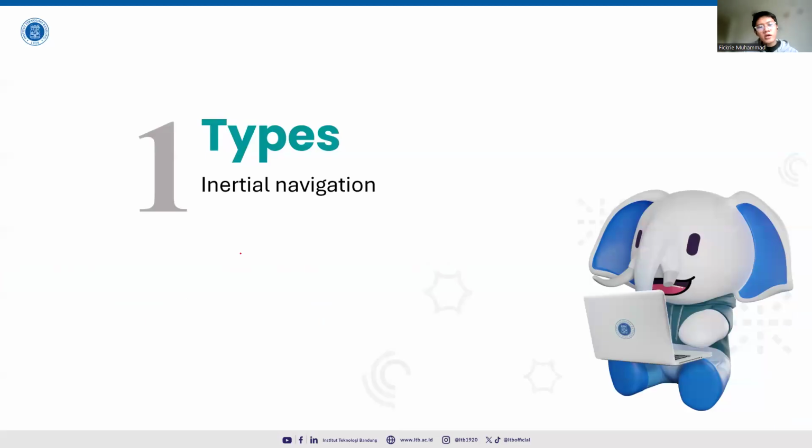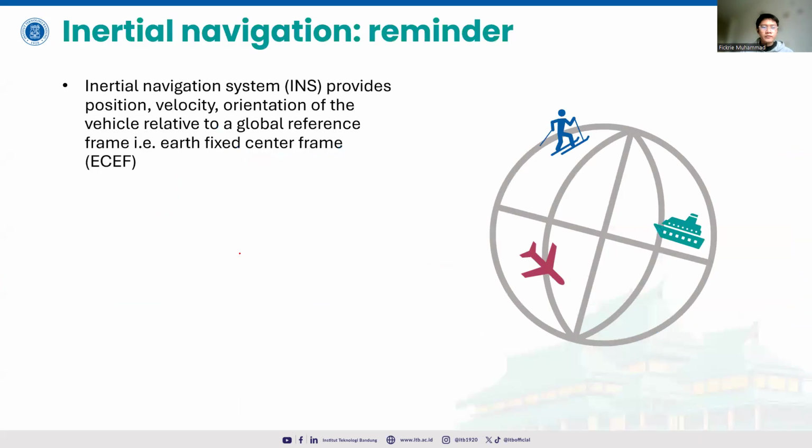First, we're going to talk about the types of inertial navigation. We previously talked about the IMU sensors, and in the inertial navigation system, we're going to discuss two types that are commonly used in real-world applications.